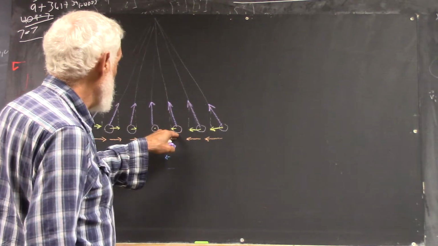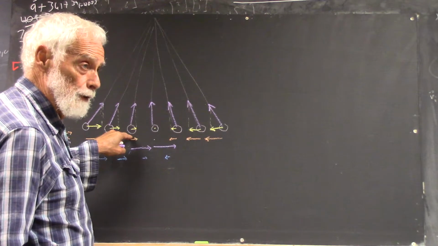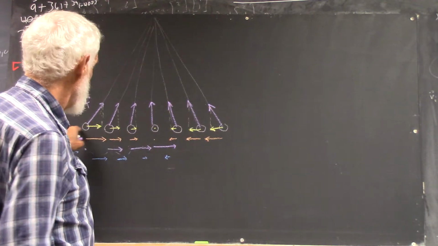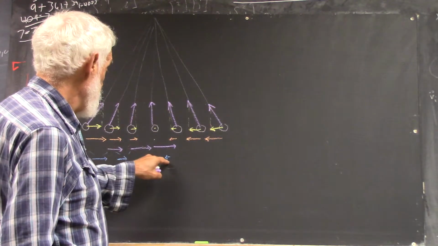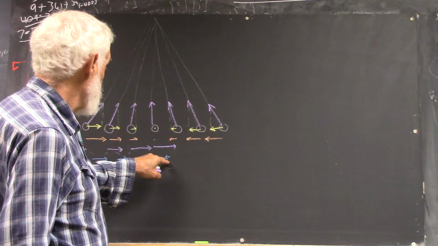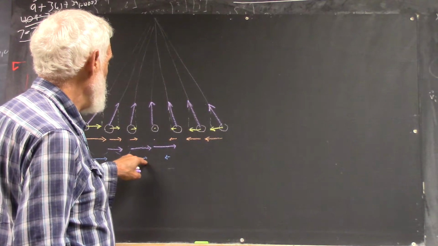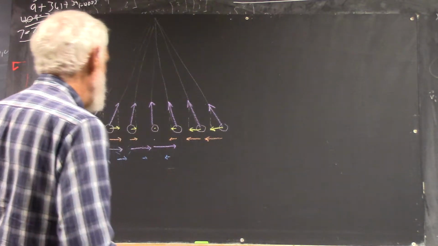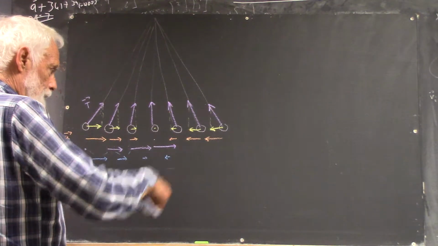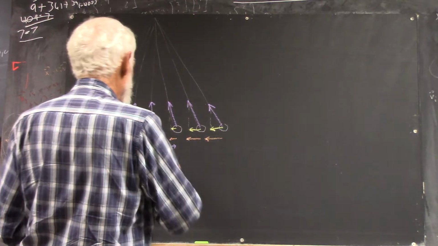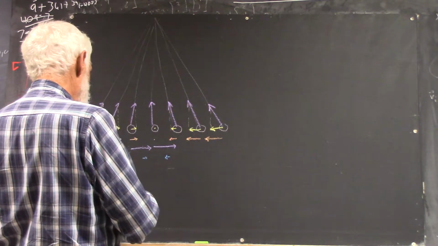So if this points as far to the right as this is to the left, and it looks like it kind of is, because these are kind of equally spaced, then this is going to be equal and opposite to this. The length appears to be about equal and opposite. I drew the head of the vector a little too long.